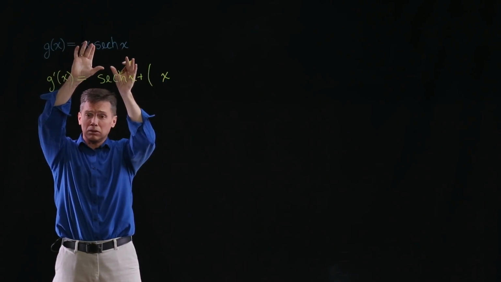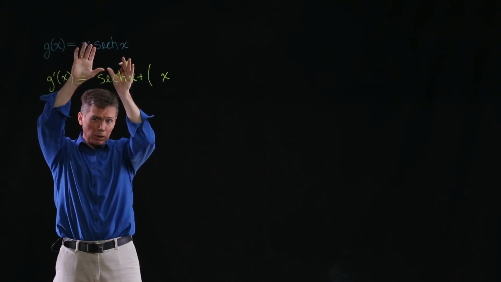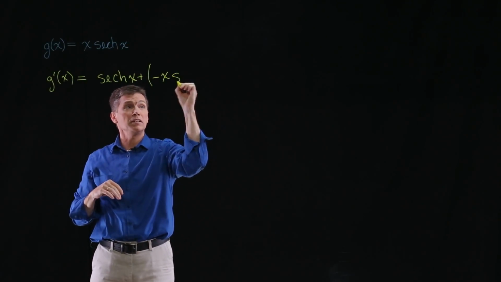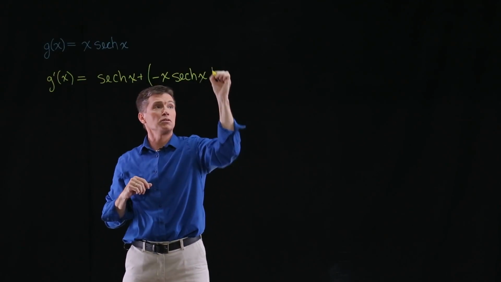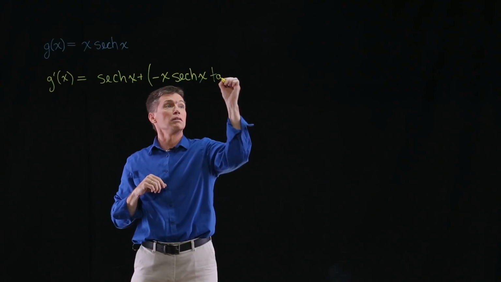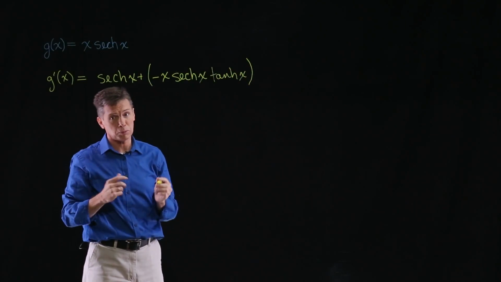You've got to know the derivative of these hyperbolic trig functions. And the derivative of hyperbolic secant is a minus hyperbolic secant still of x, but then also times the hyperbolic tangent of x. So there's my derivative.